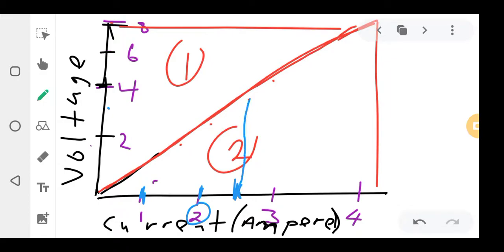So it comes to this line above here. And then you draw a horizontal line going in this direction to pick the voltage there.